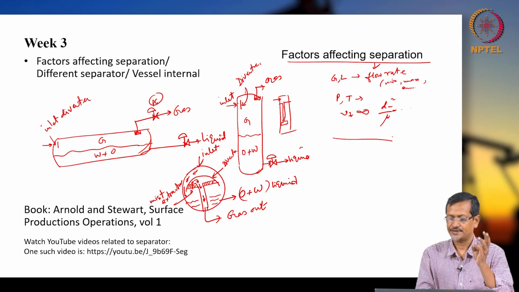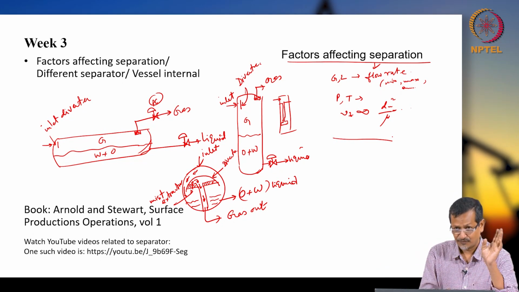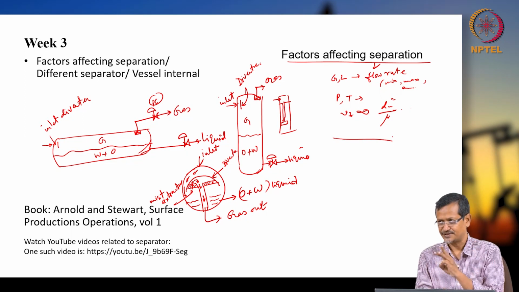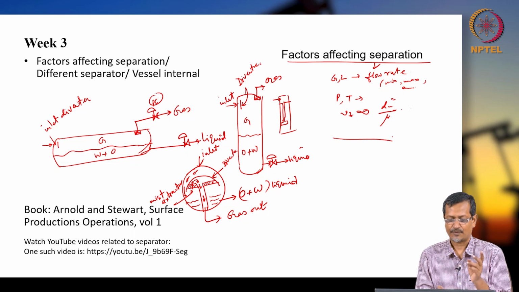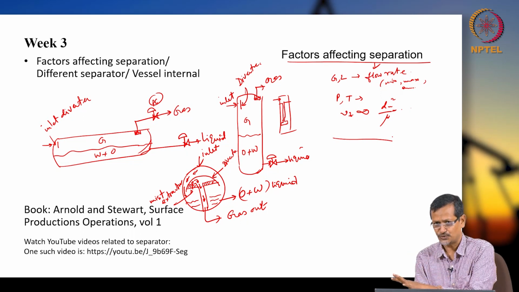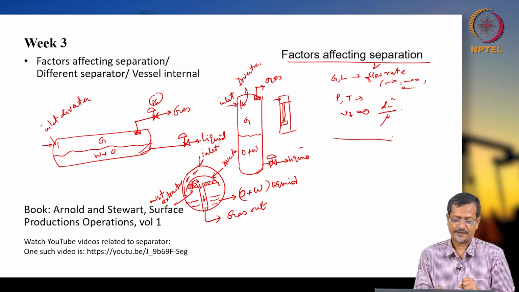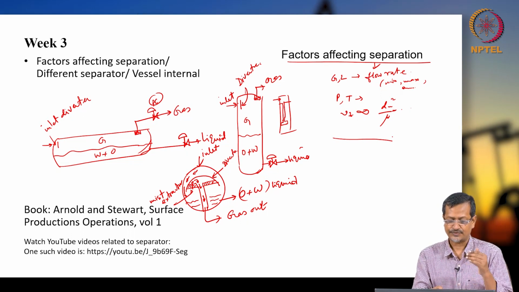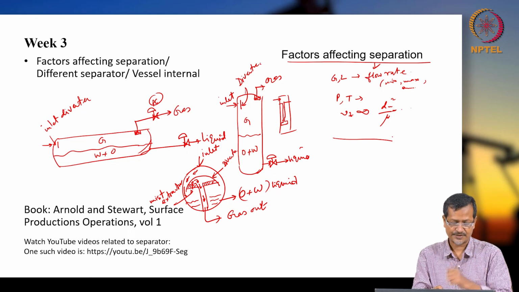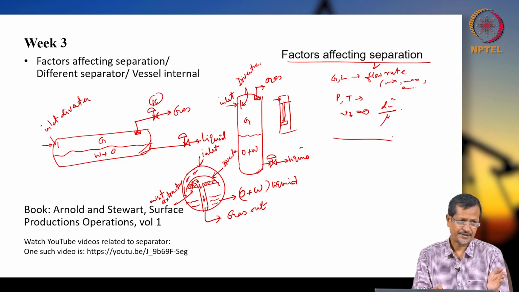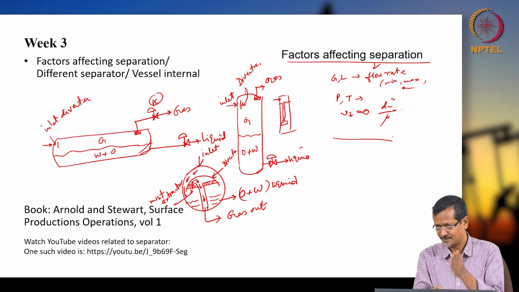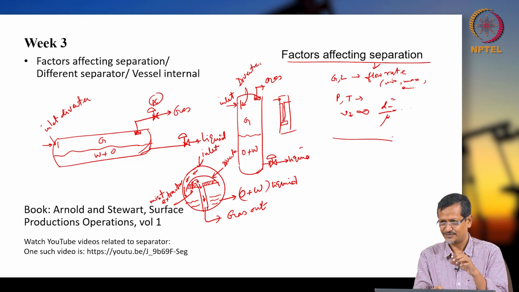So the points are: you have to know gas and liquid flow rate, pressure and temperature, surging or slugging possibilities, and physical properties of fluid such as density, compressibility and viscosity. Then for design, you have to check the degree of separation you want from your separator system, and the presence of impurities like asphaltene, sand or other components.